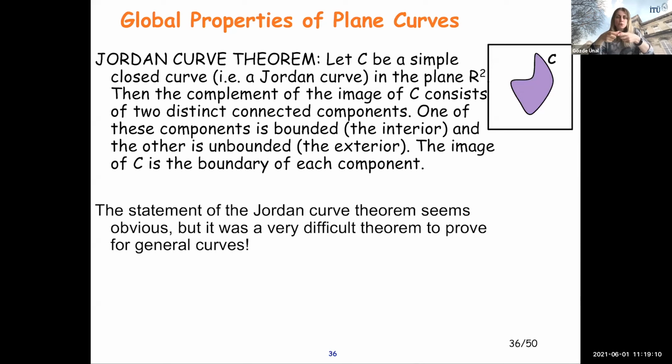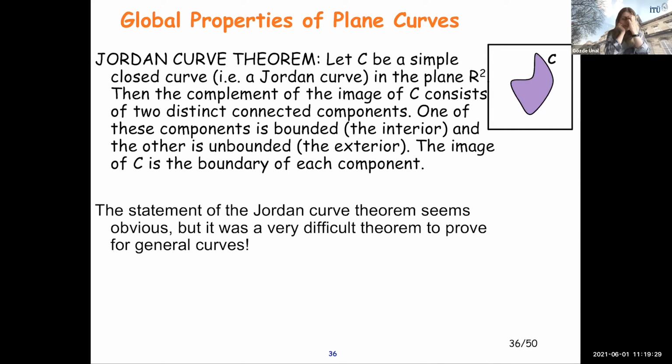Just have a simple closed curve C. It says it will divide the plane into two, one of them is the interior of the curve, the other is the exterior of the curve, and C constitutes the border of those two regions.